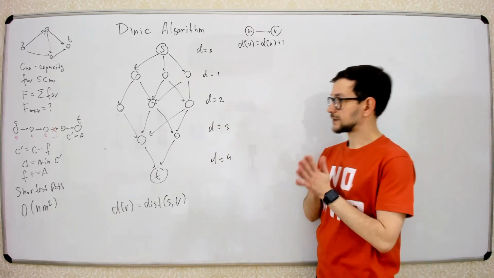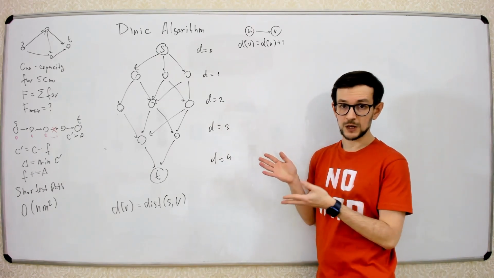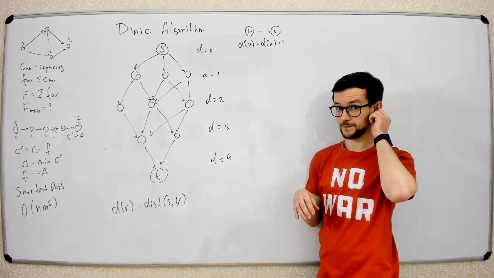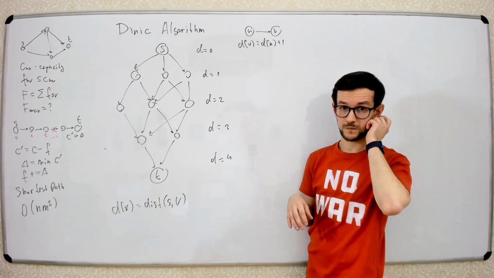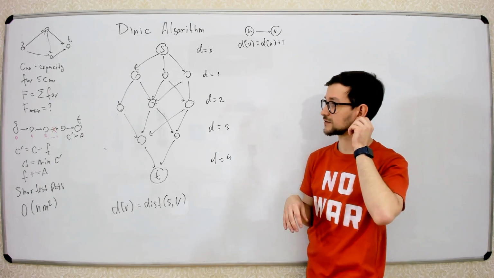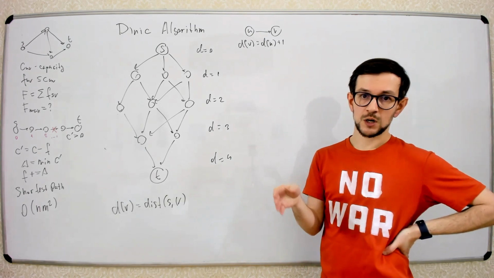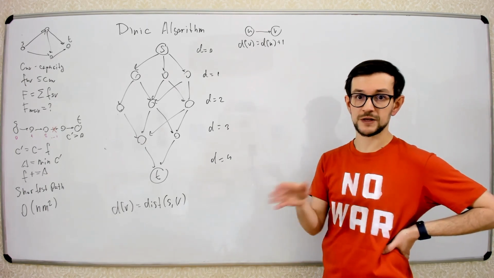Now what do we have left? We have a graph which contains all possible shortest paths from S to T. In this graph, we leave all the edges which can be used in a shortest path from S to T, and only these edges.